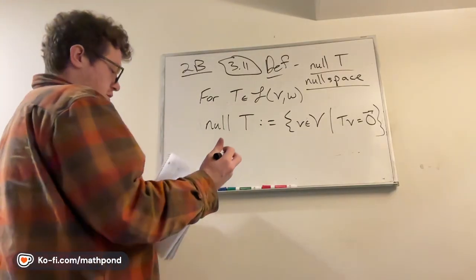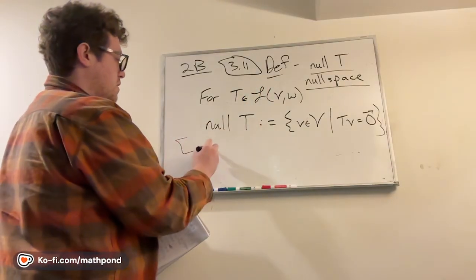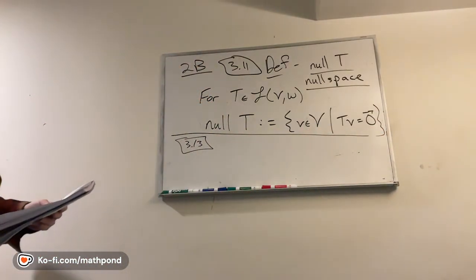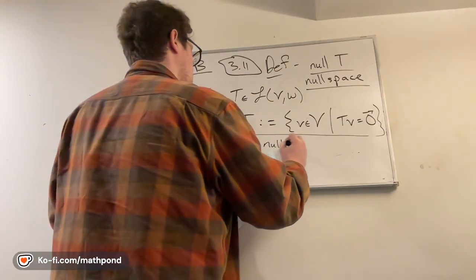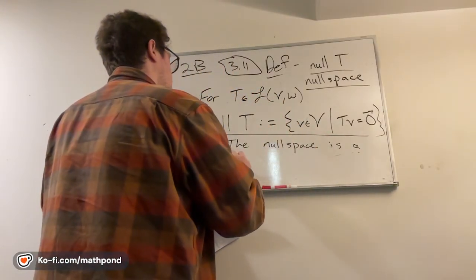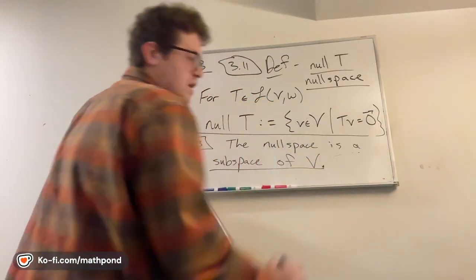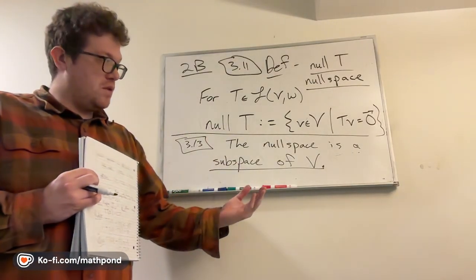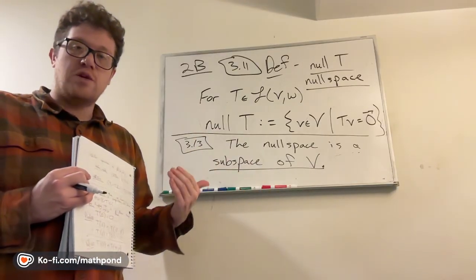So this fact is 3.13 in Axler, which says that the null space is a subspace of V. It's very important that you remember which of these subspaces we're about to be talking about is a subspace of the domain, and which one is a subspace of the codomain.